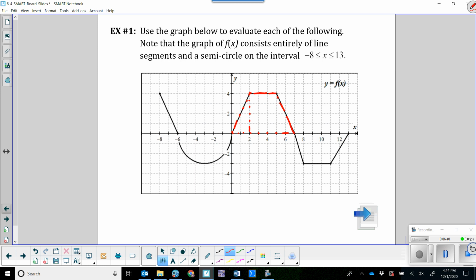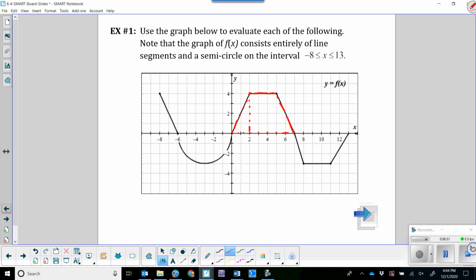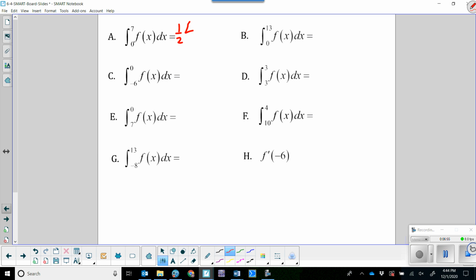So let's go ahead and do that. So we have 1/2 your height. If we look at our height, again, our height is 4, because that's the up and down part. So 1/2 times 4 times base 1 plus base 2.